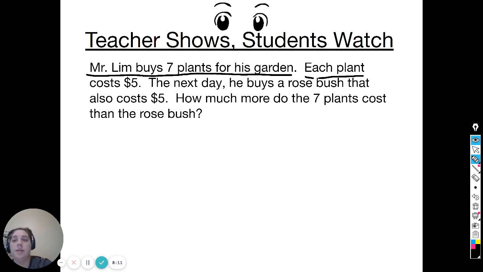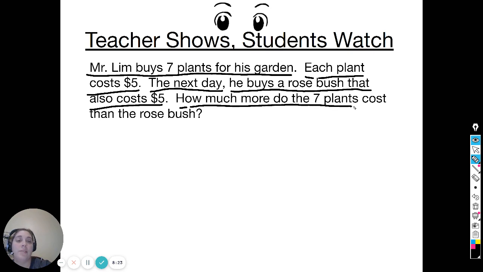Each plant costs $5. The next day, he buys a rose bush that also costs $5. How much more do the 7 plants cost than the rose bush?